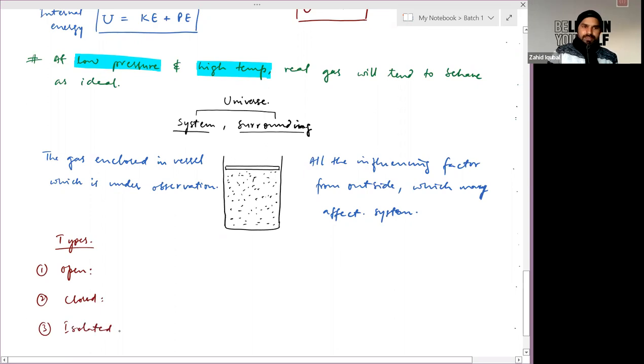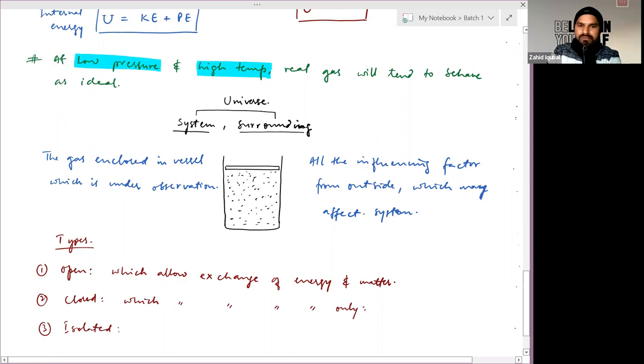So open system, a system which may allow exchange of matter and energy between system and surrounding, is termed as open system. Closed system allows exchange of energy only.